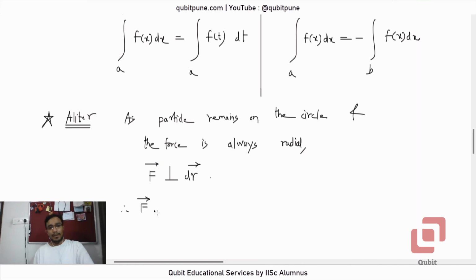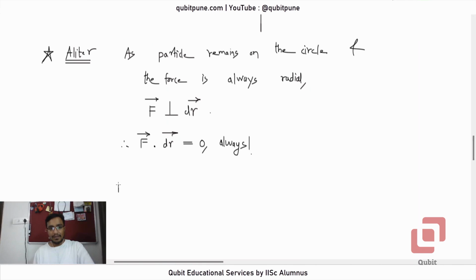Therefore, F bar dot dr bar will always be 0. In other words, in circular motion, the work done by centripetal force is always 0.